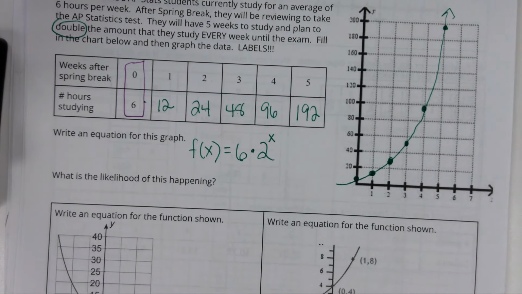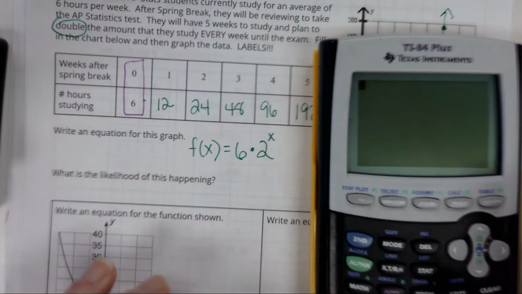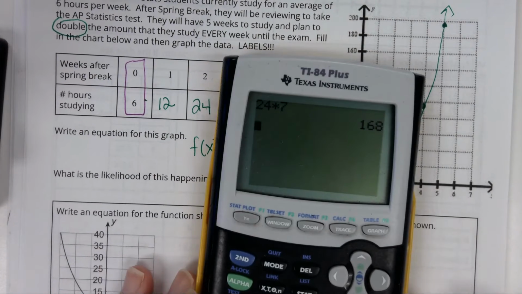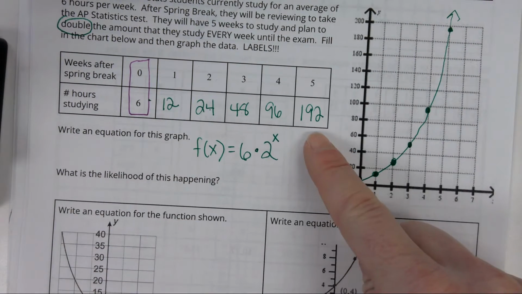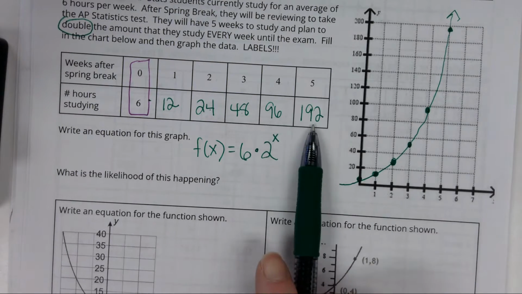Okay, so you're telling me, Shane, what is the likelihood that this is going to happen? Well, how many hours are there in a day? 24. It's over a week. So 24 times 7 days, there's only 168 hours in a week. So is this even possible? No. But this is how many they're studying just in that 1 week.